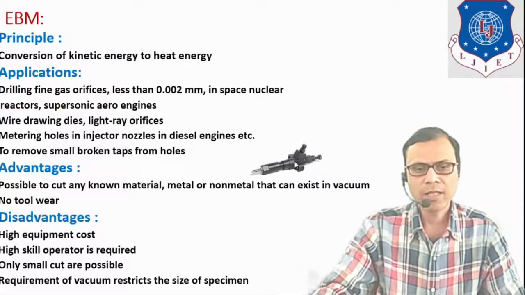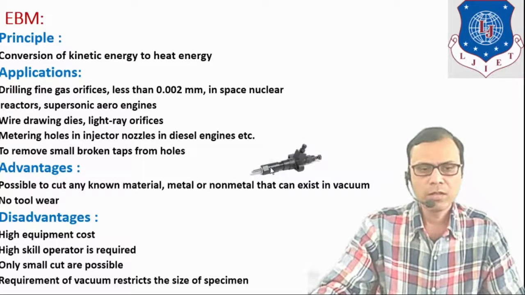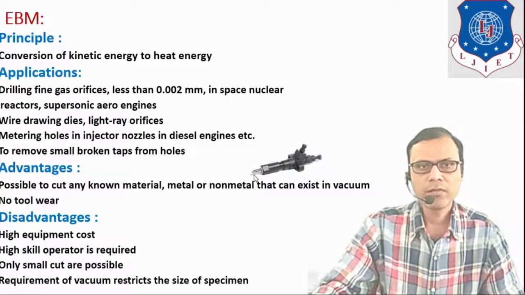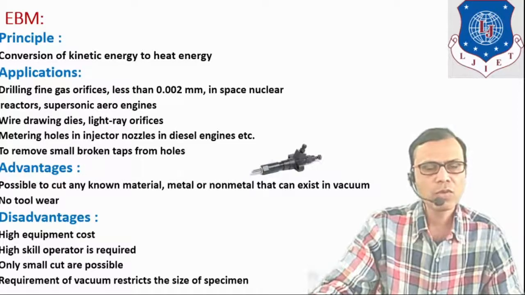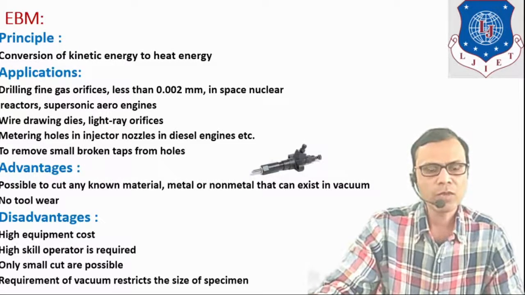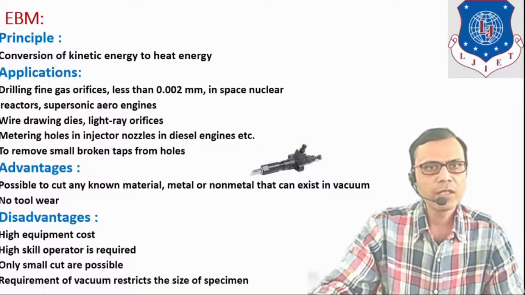So this is one example of such a nozzle. At the front part of this nozzle, there is a very small hole of the order of 0.002 mm in size. So it can be used to inject the fuel into the combustion chamber.